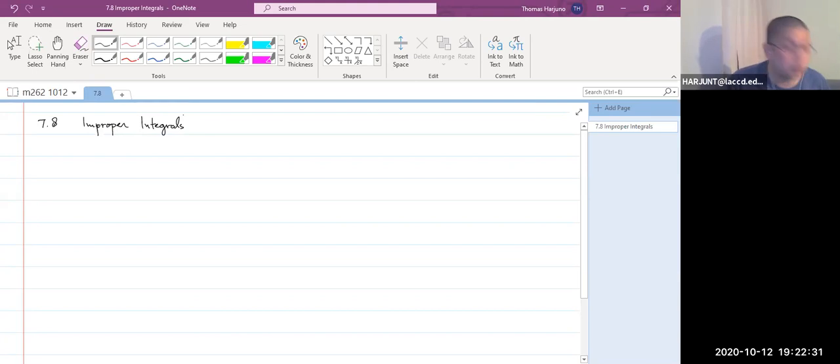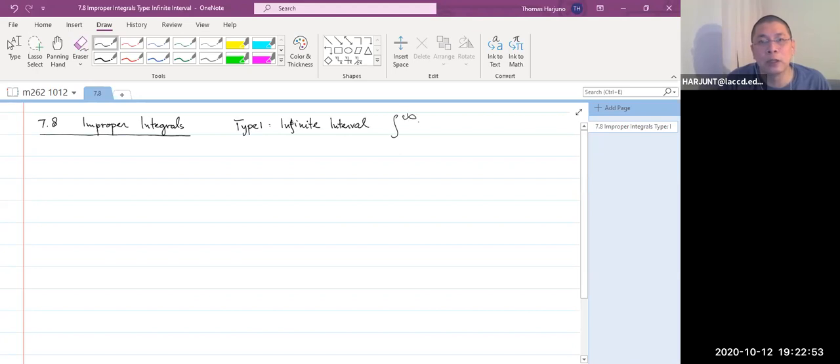The first type, type 1, is the one with an infinite interval. So it goes to infinity, or it comes from negative infinity, or even negative infinity to infinity.